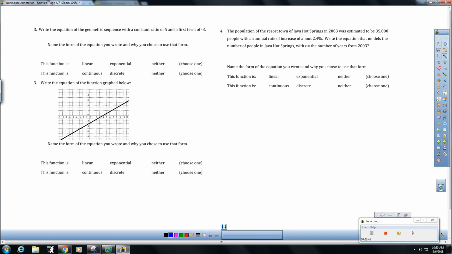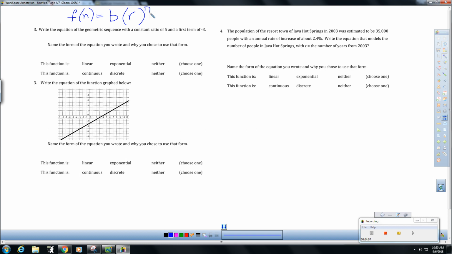All right, write the equation for the geometric sequence with a constant ratio of 5 and a first term of -3. Remember, we said that f of n was b, which is the y-intercept, times r raised to the n power. Okay?